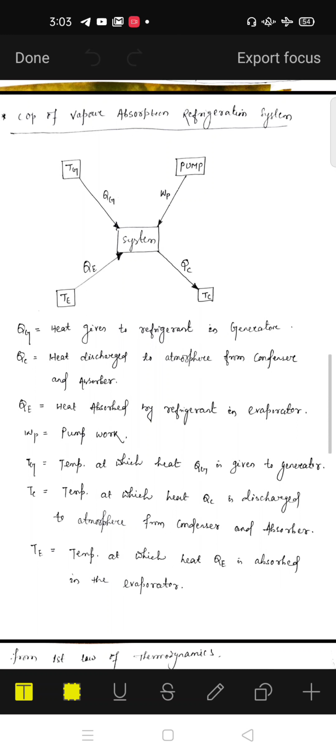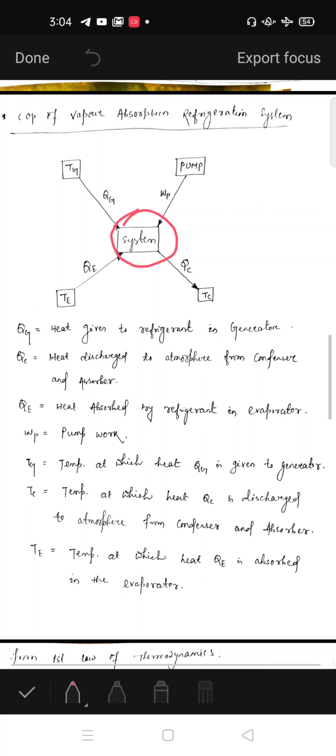This is the system, the vapor absorption system. Your devices are the generator at temperature Tg, pump, condenser and absorber at temperature Tc, and evaporator at temperature Te.